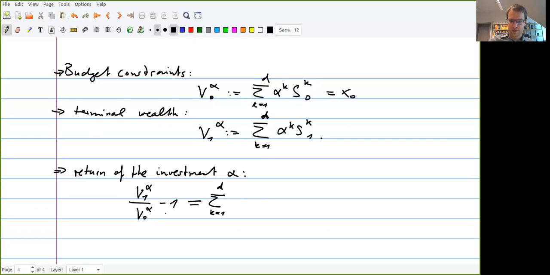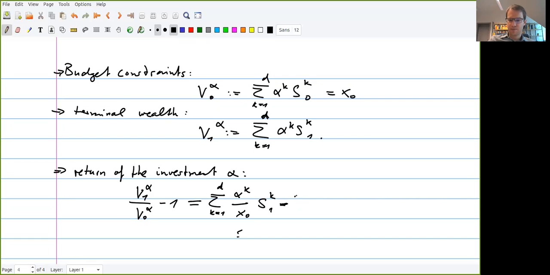This is just x0, right? So this quotient can be easily calculated by taking the definition of the value process at time 1. So this is alpha k multiplied with S k 1. And here, this is just S 0. So this is x0. Okay, now I have this 1, and I want to have a nicer expression of it.